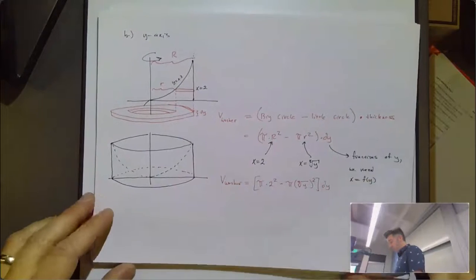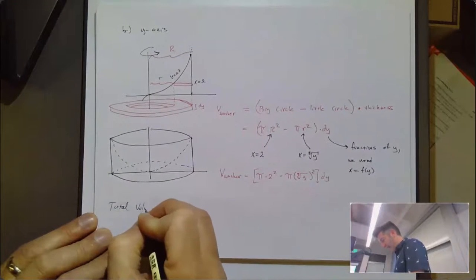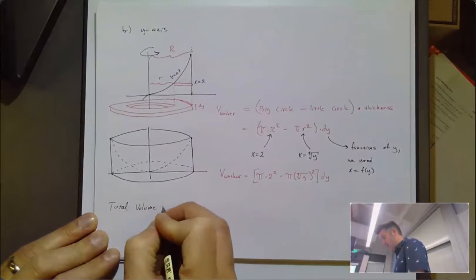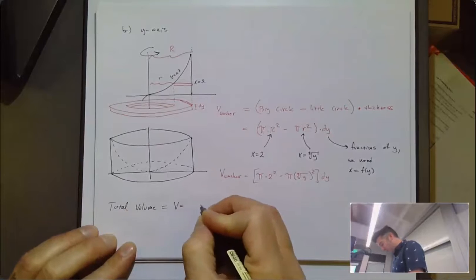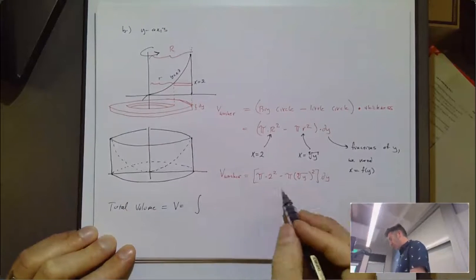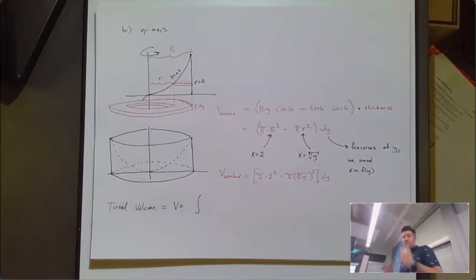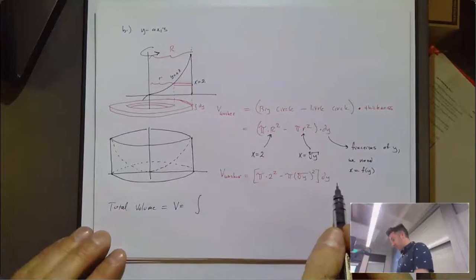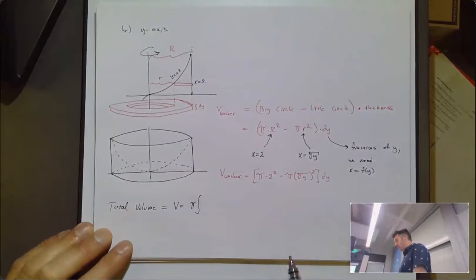And then the total volume, we are just adding up all the volumes of the washers. So that's going to be the integral of this thing. And I'm going to simplify a little bit. There's two easy simplifications we can do. We can factor out the pi, right? The pi definitely comes out in front of the integral. And then we can simplify our expression.